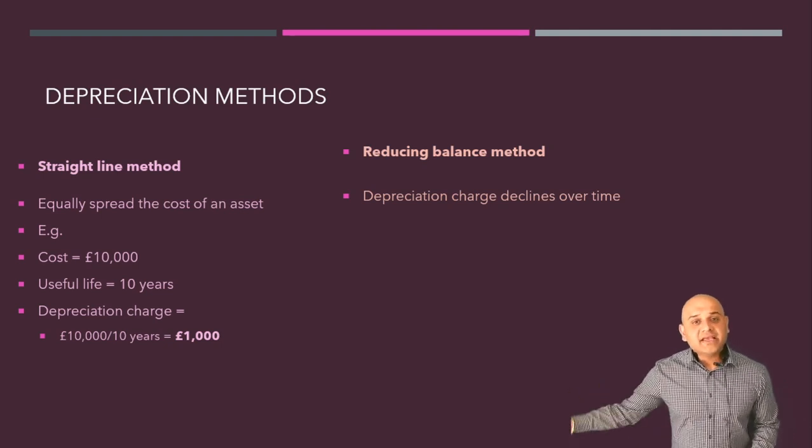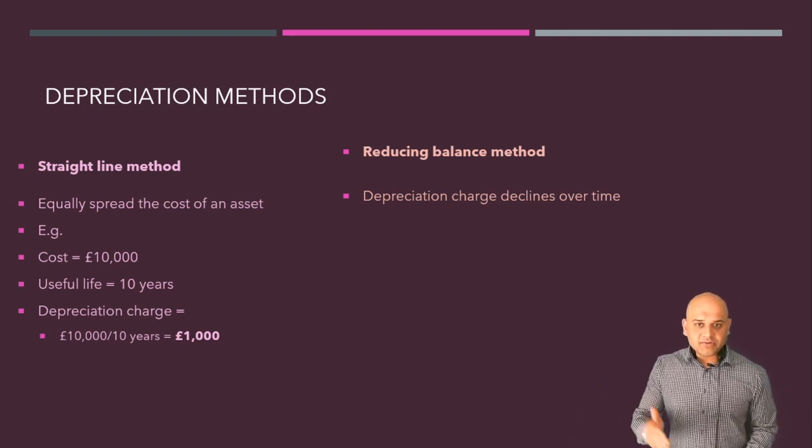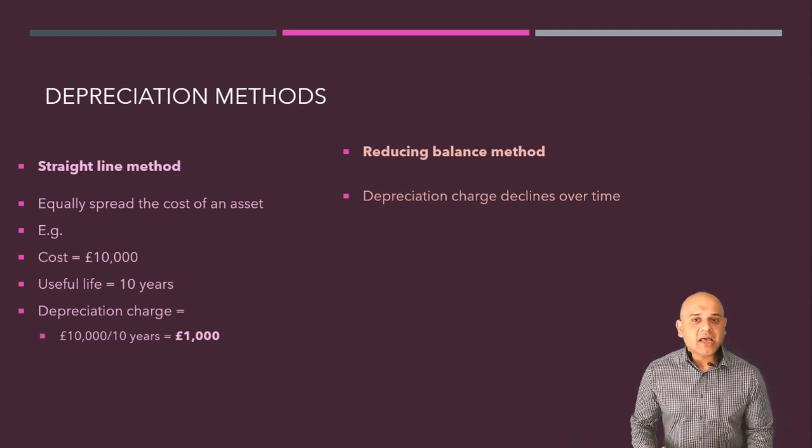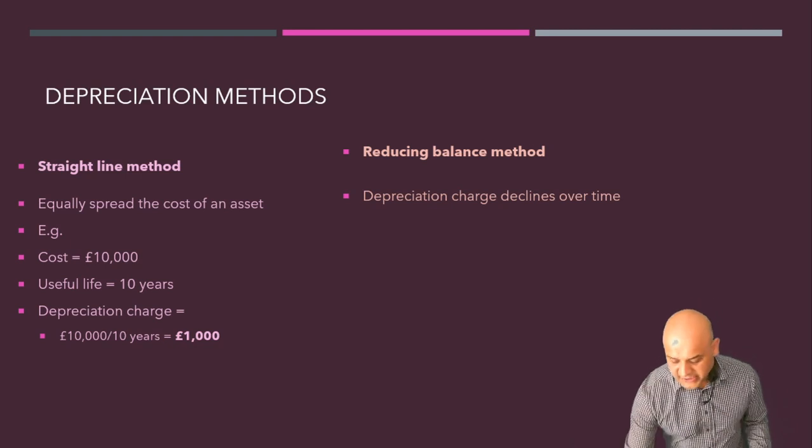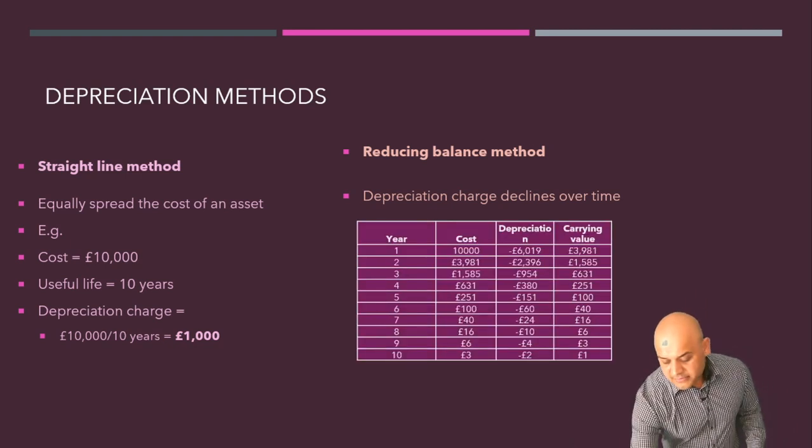It will not be the same every year. Okay, it will go down. And to match that decline in benefits over time, we also gradually reduce the proportion of depreciation that we charge in financial statements. Okay, reducing balance. So that's a table showing you examples.